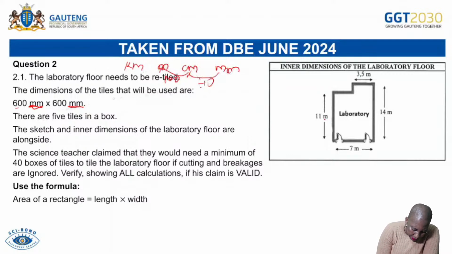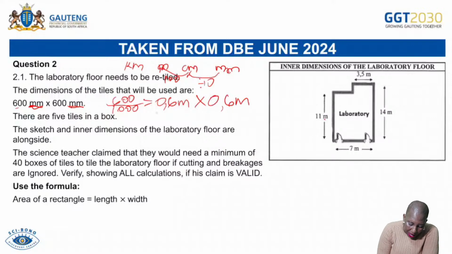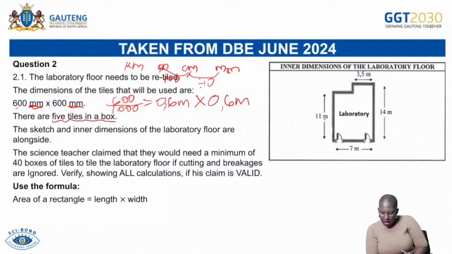So 600, if I divide it by 1000, it will be equals to what? 0.6 meters. So the dimensions of the tile will be 0.6 meters by 0.6 meters. The by that I'm talking about is a multiplication. And then we are also told that there are 5 tiles inside a box.